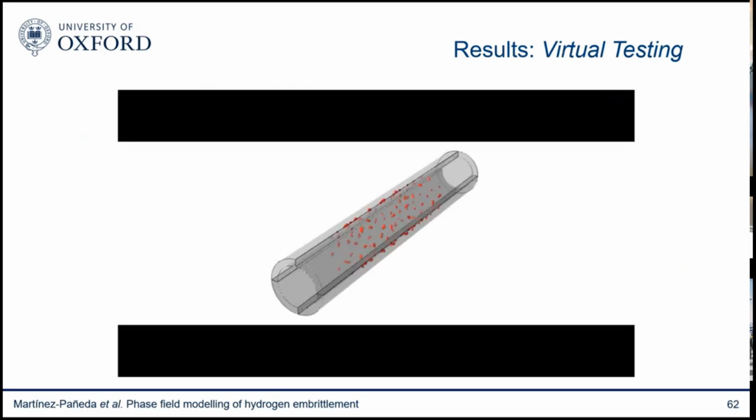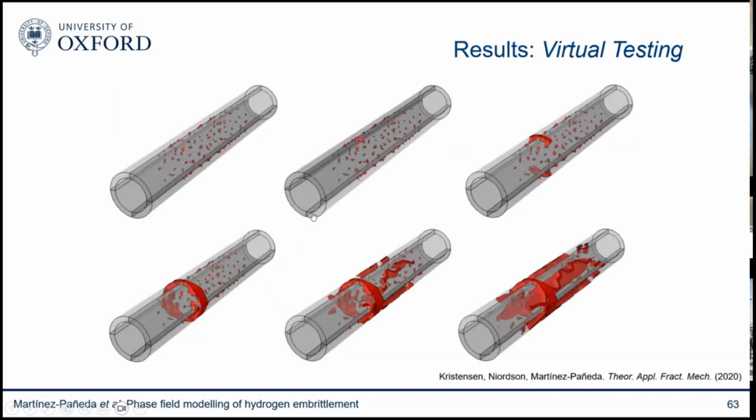And then we start loading our pipeline to in-service conditions. And as you can see here at the top, those defects start growing. Eventually they start merging, and eventually you get the complete failure of the pipeline. I need to say that this looks a little bit like a video game, but as you can see, this is a fully mechanistic prediction.